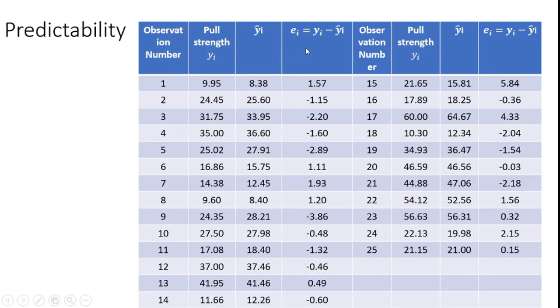I subtract both: 24.45 minus 25.60, I get minus 1.15. This is negative because the predicted value is larger than the experimental value. In all observations I get the deviations.